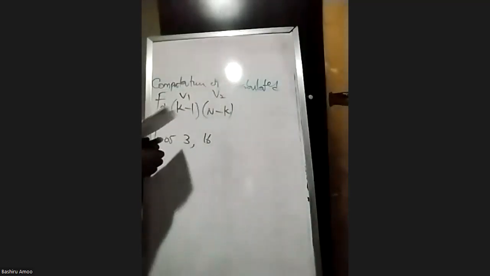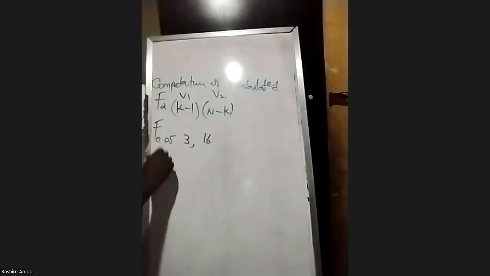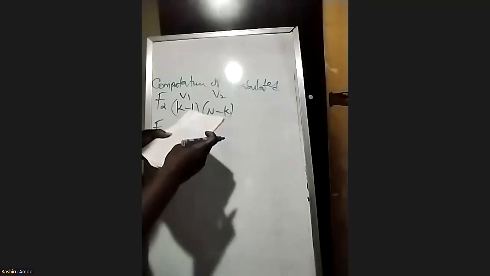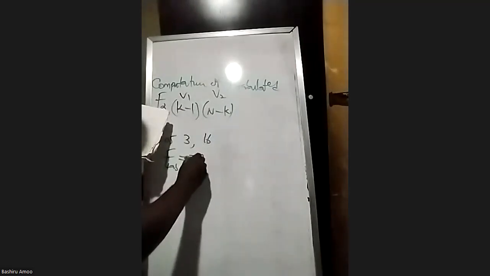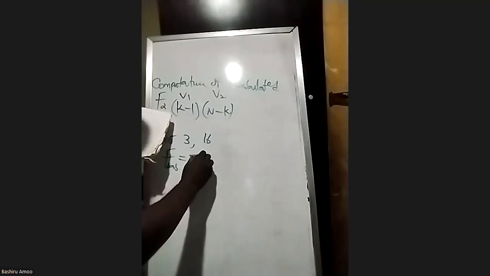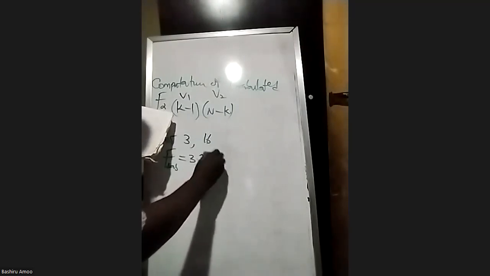So for my P1, I'm checking 3 here. When you trace it down to where you have 16, here I have my F tabulated. Class, I have 3.2, let me approximate. Without approximation, it is 3.2389.